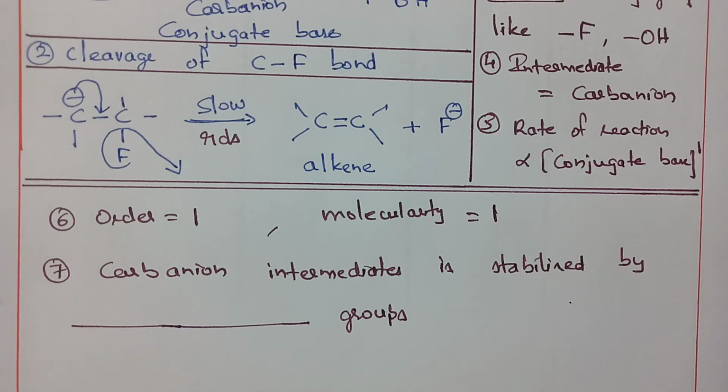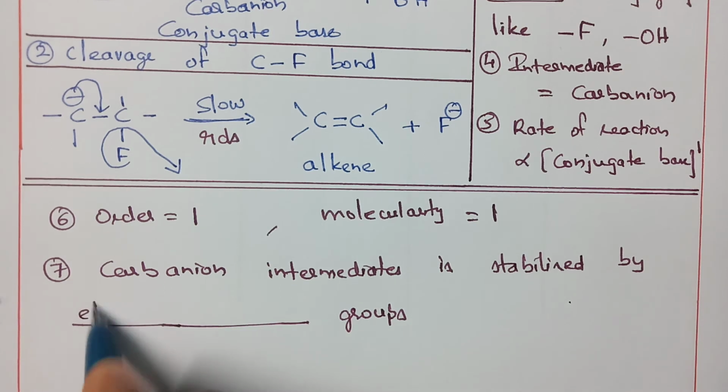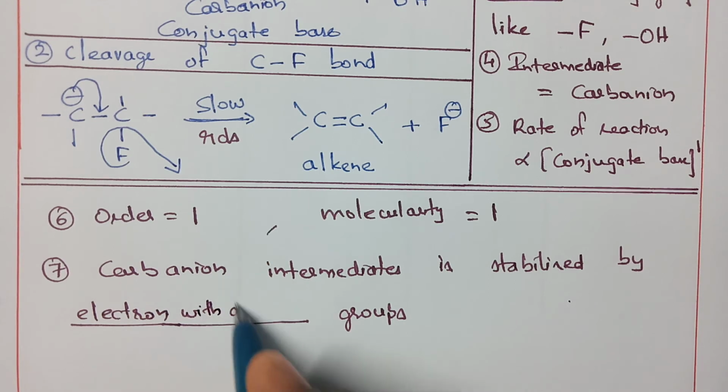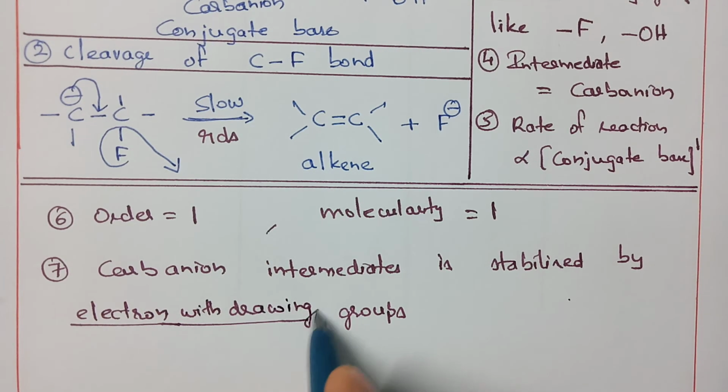Carbanion intermediate is stabilized by dash groups. Here we are having a carbanion intermediate. It is stabilized by which type of groups, electron withdrawing groups or electron releasing groups? The answer is electron withdrawing groups. Why?